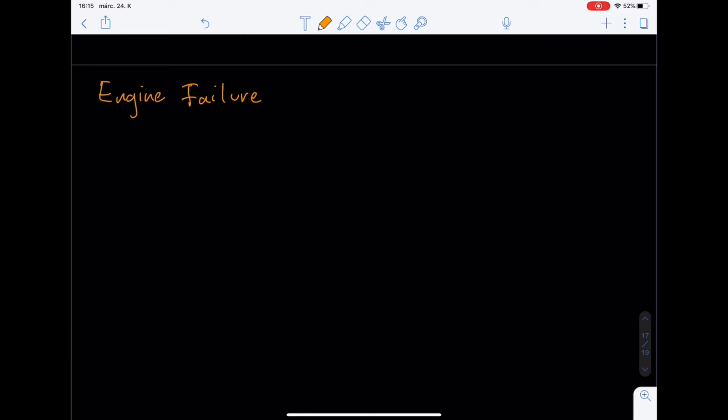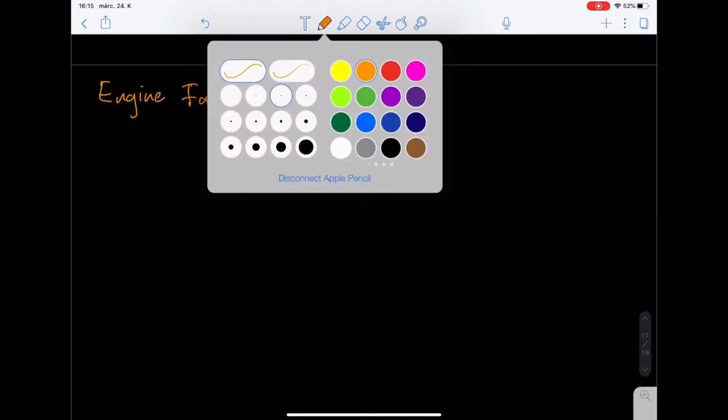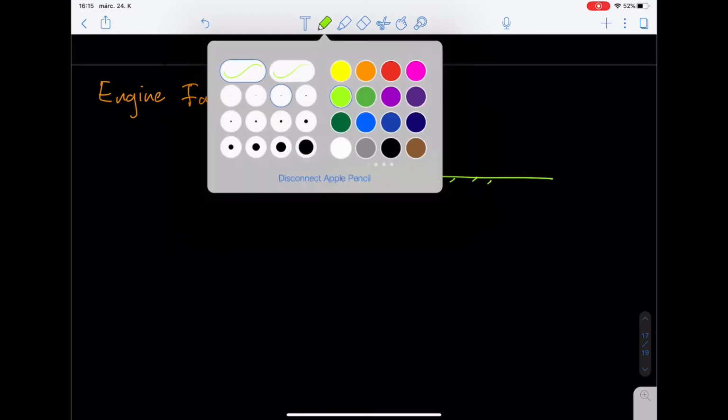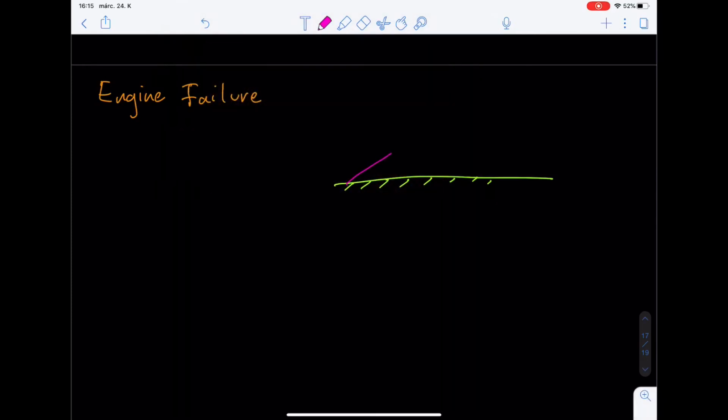Initially you might imagine that with an engine failure, the flight path angle, alpha or gamma, would basically drop to half, gamma over 2, if it's a twin-engine aircraft having a single engine failure.